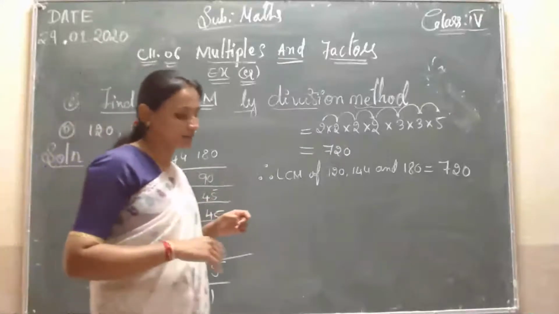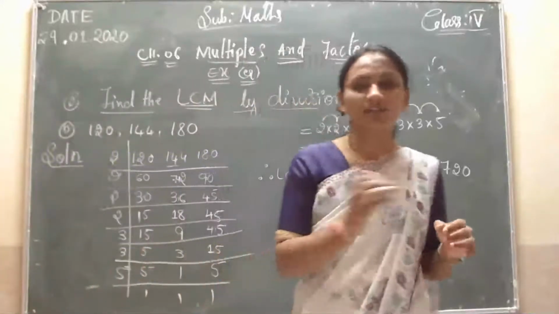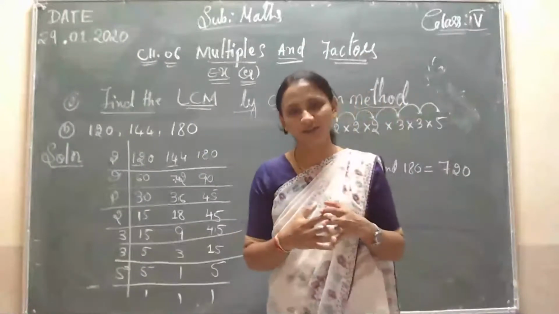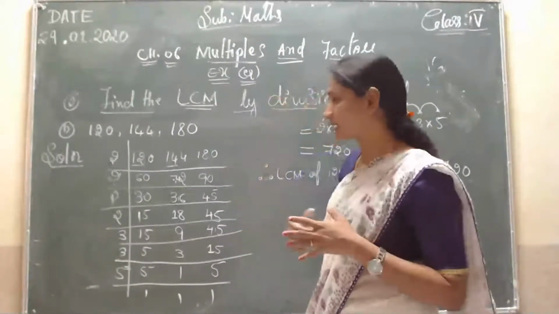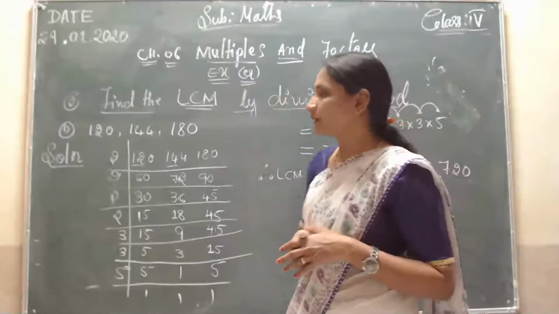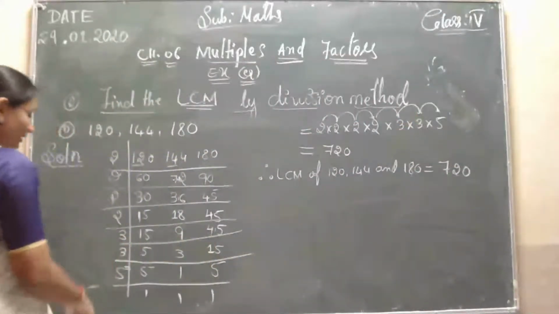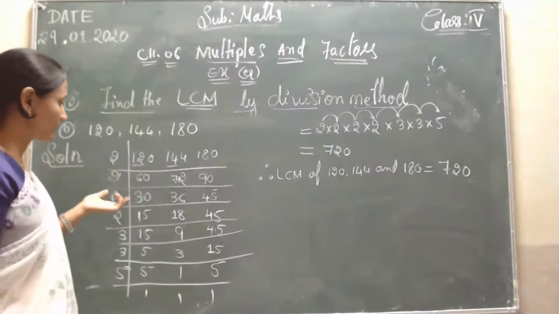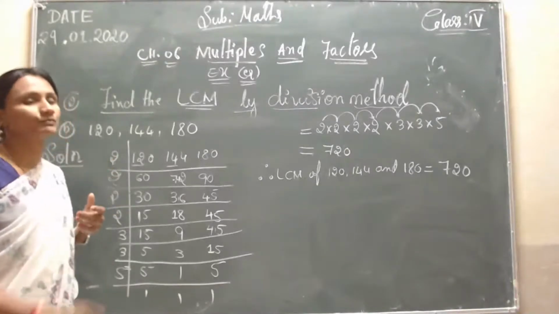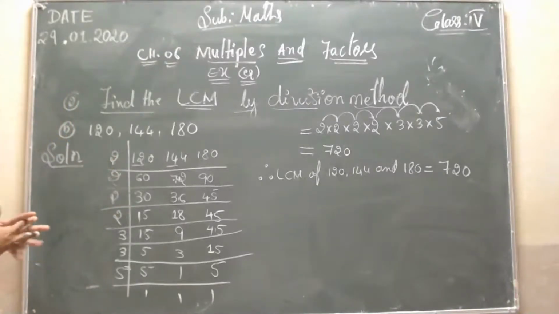So in the prime factorization method, we have to divide into indivisible numbers. First I will arrange the numbers, then I will divide by the first smallest prime number.